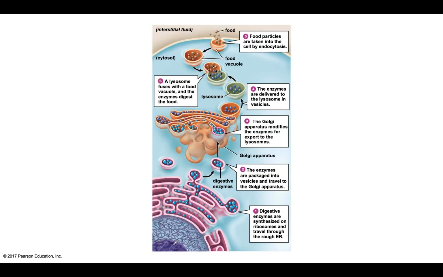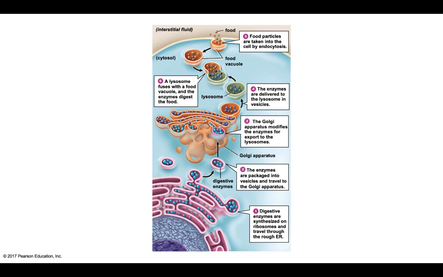Here's the nucleus, ER. From the ribosome, some digestive enzymes are produced. These enzymes are packed into vesicles and travel to the Golgi apparatus. In the Golgi apparatus, this enzyme is modified and becomes more mature. In other words, the functional enzyme can be formed.